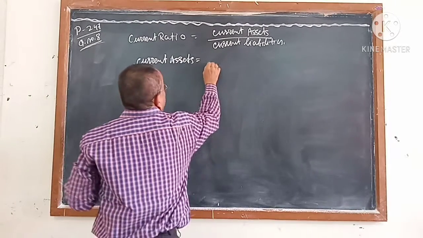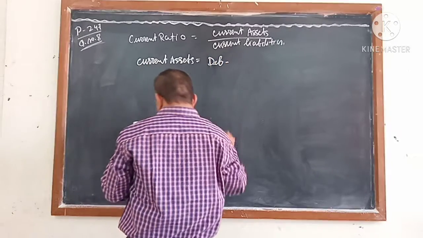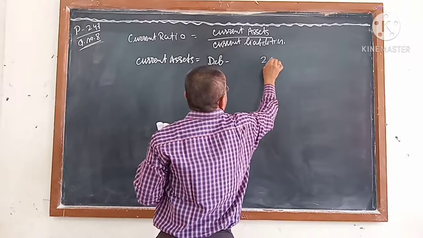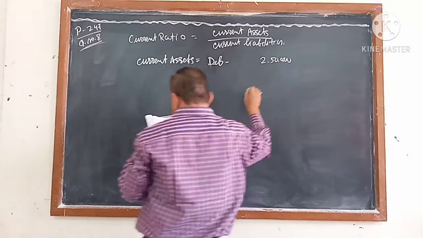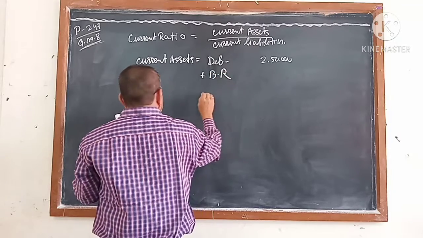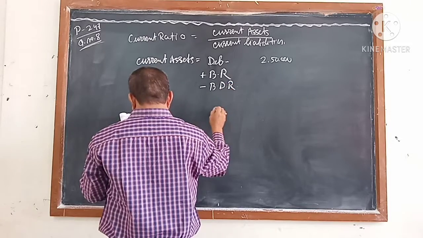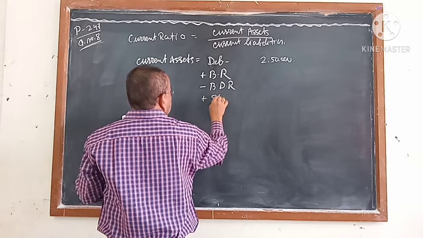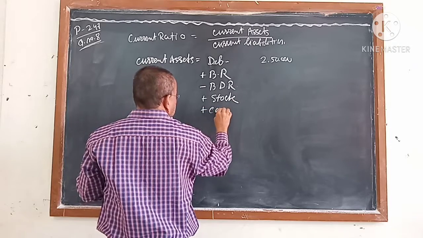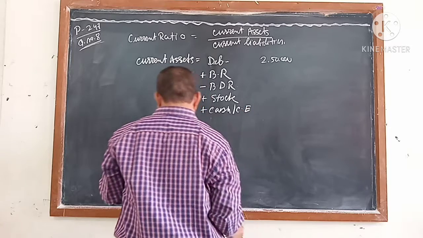What is given? Debtors, how much? 2,50,000, plus bills receivables, less bad debt reserve, and stock, and cash or cash equivalent.